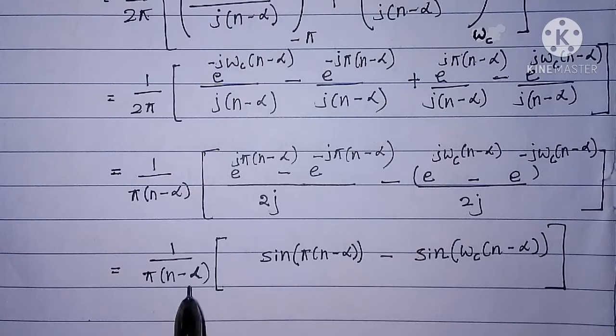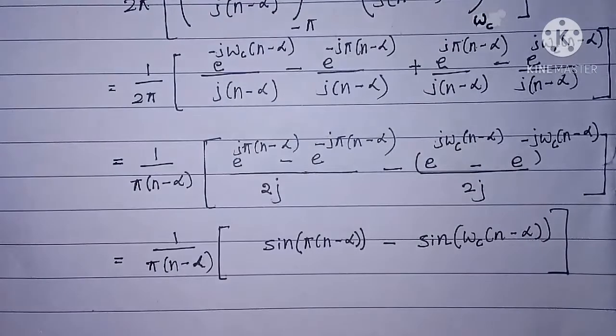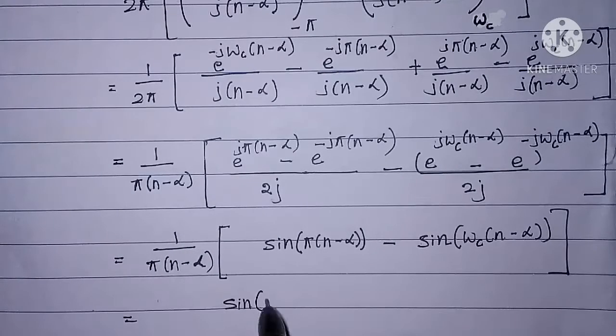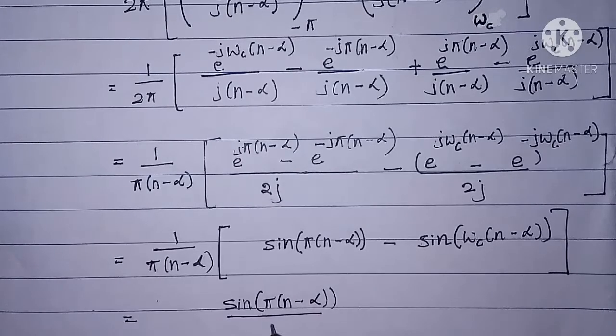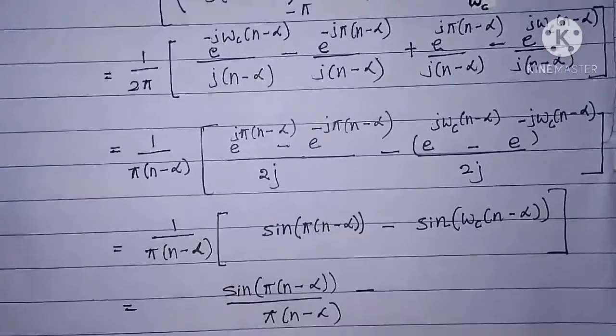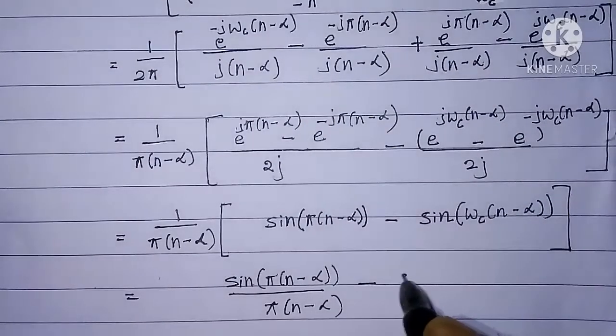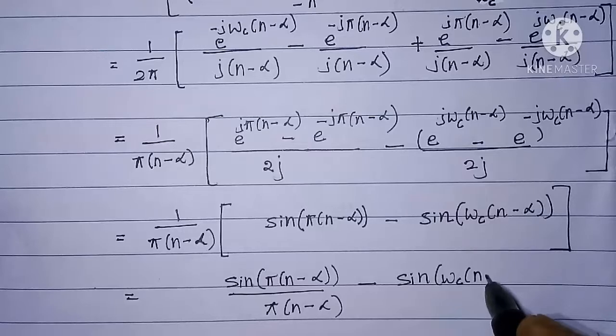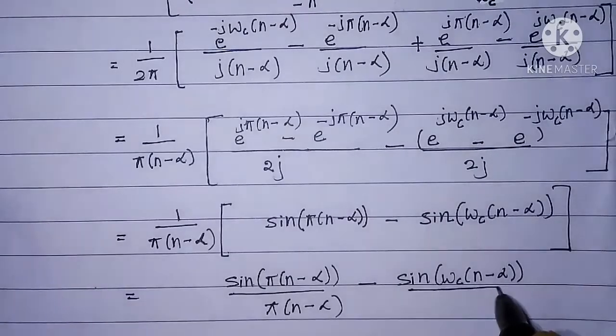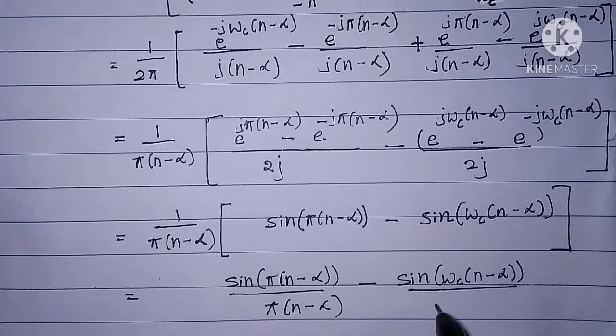If we take pi into n minus alpha in the denominator inside the bracket, then we get it as sine of pi into n minus alpha by pi into n minus alpha minus sine of omega c into n minus alpha by pi into the bracket n minus alpha.